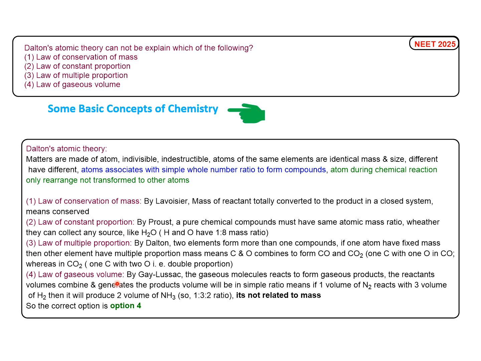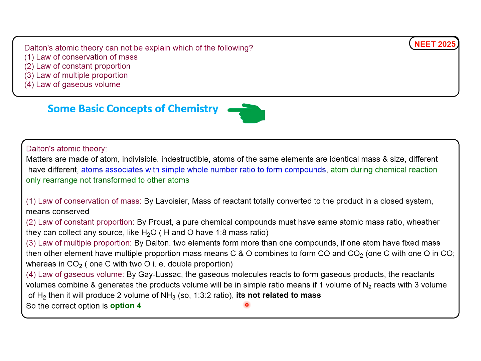Now, the law of gaseous volume by Gay-Lussac. It says that gaseous molecules react to form gaseous products. The reactant volumes combine and generate product volumes in a simple ratio. For example, one volume of nitrogen reacts with 3 volumes of hydrogen to produce 2 volumes of ammonia. So this is a 1:3:2 ratio.